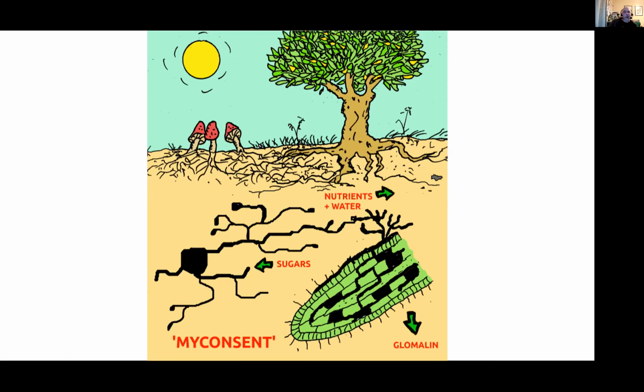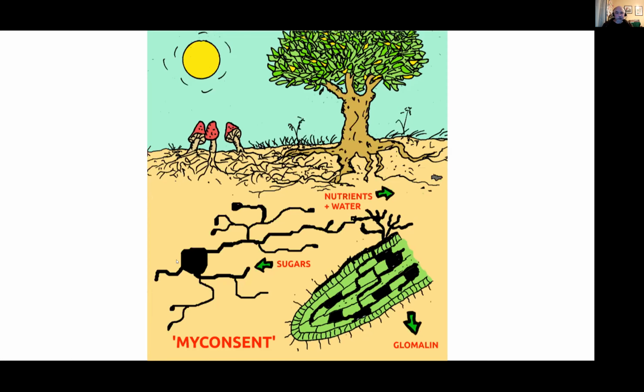And these are maybe problematic words that have a legacy in some of our ways of thinking about natural systems, and we may put human constructs onto the way natural systems function. But Benson uses this term, mycoconsent, that it's a consensual relationship.